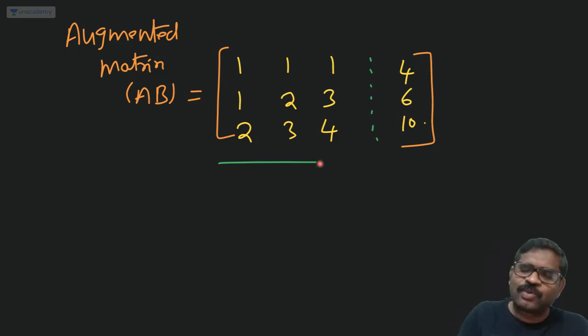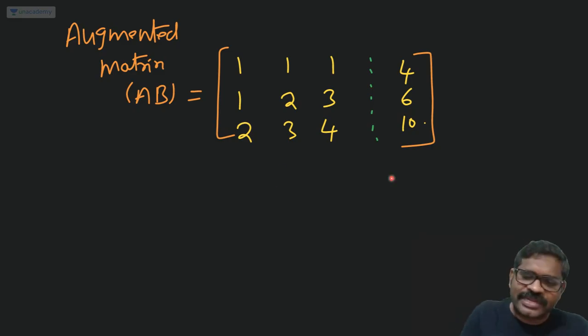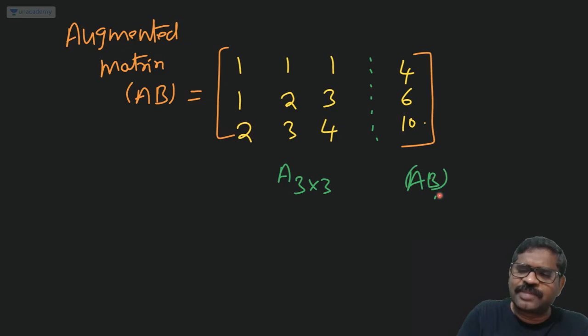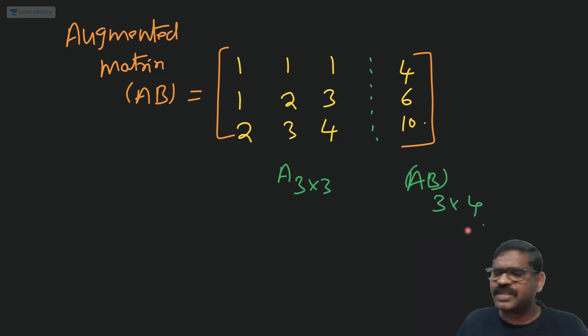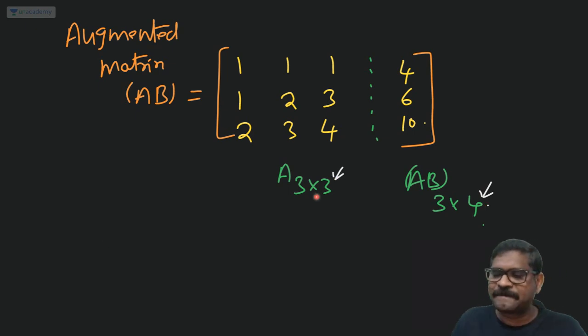Okay. Sir, what is the difference between matrix A and matrix AB? Matrix A here is 3 cross 3. Augmented matrix AB is 3 cross 4. The augmented matrix AB consists of one extra column.